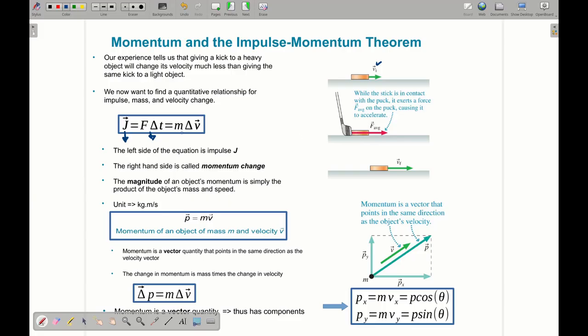So mass also matters here. And this mass times velocity is actually called momentum. So again, if I apply a force, I'm going to change velocity, but the change in velocity will matter with respect to mass. How large is the mass I'm applying a force to? So we need to define a new quantity here, which will be momentum.